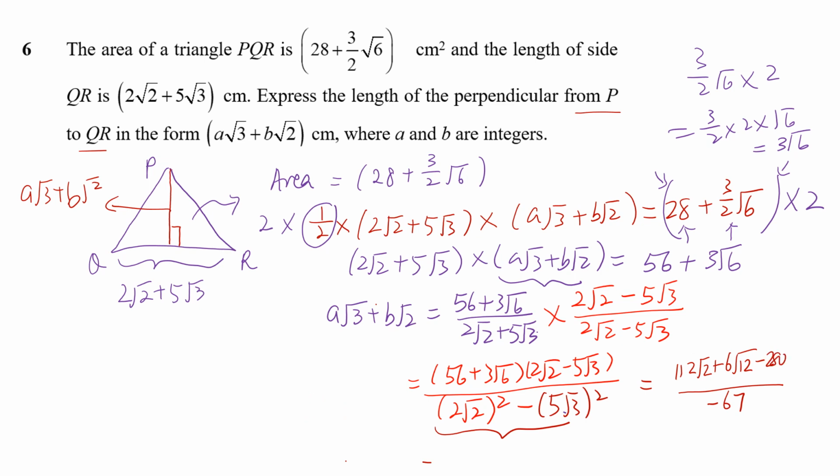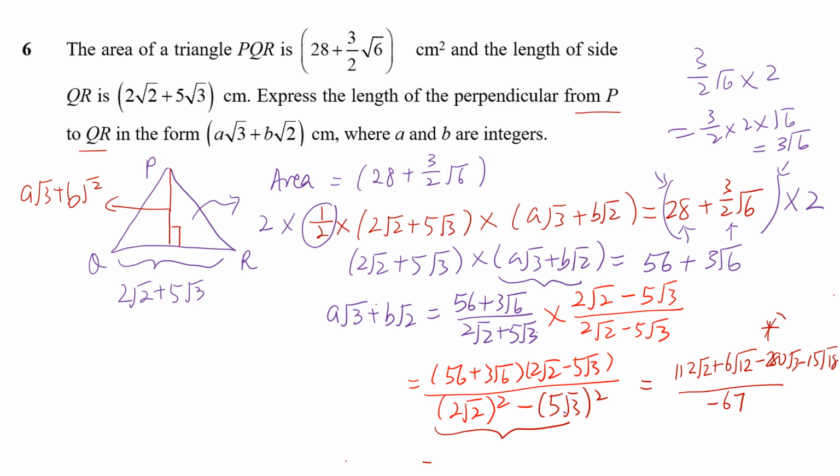Okay, where am I? I'm stuck. 56, 280 square root 3 minus 15 and square root 18. Oh my god, more space there, so to squeeze it. Minus 15 square root 18.